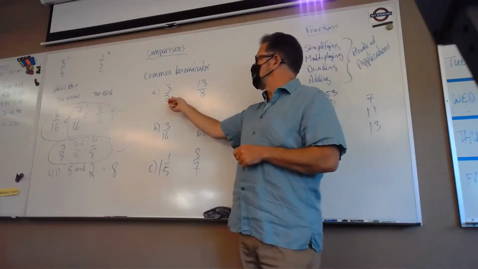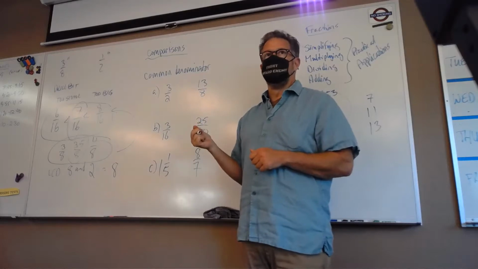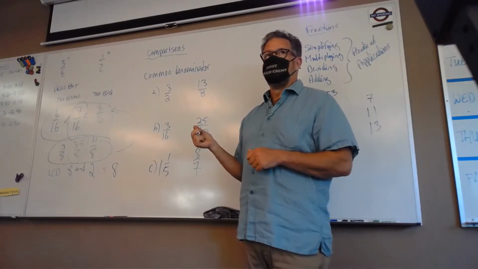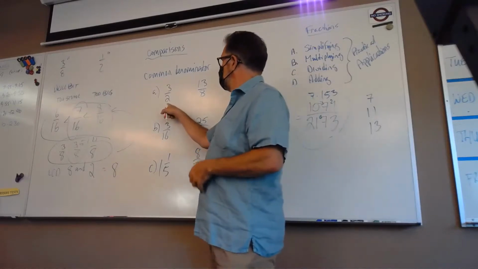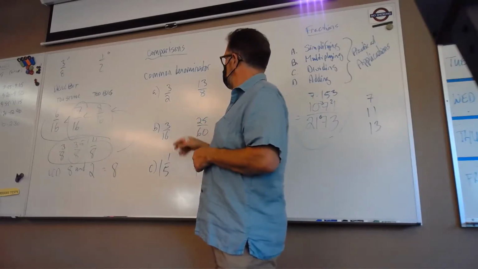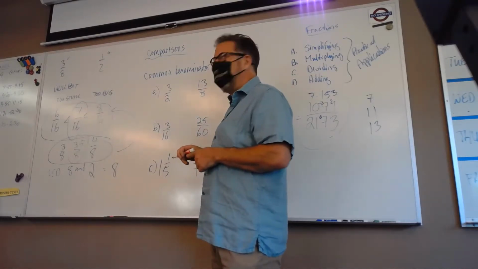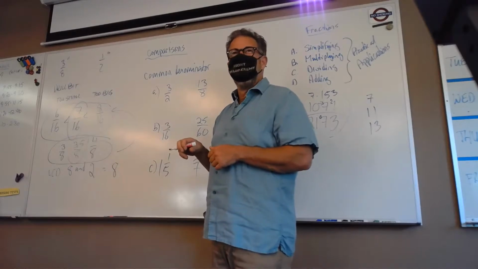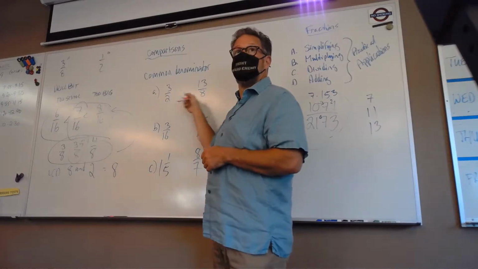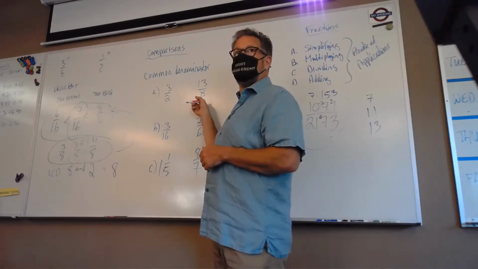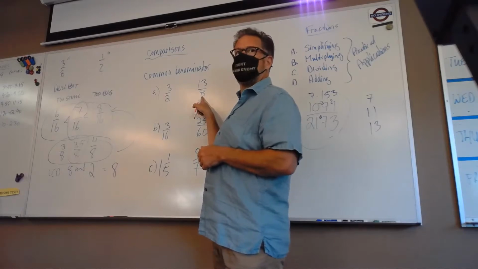Bella, what did you do for that first one? I don't even know. I just like divided 3 by 2 and then 8 by 2 and 13 by 2. What? I don't even know. What's the least common denominator of 2 and 8? Well, 8 is not the common to 2.